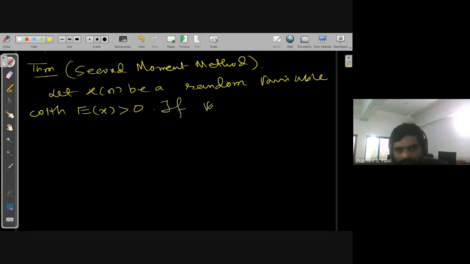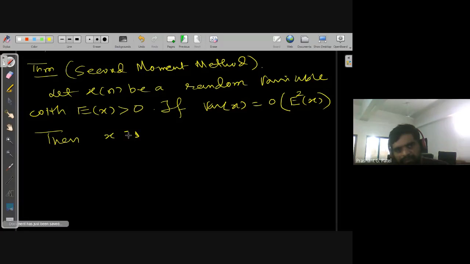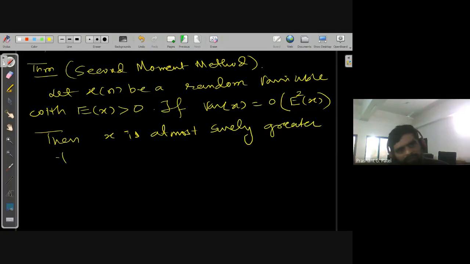If the variance of X is equal to small o of expectation square of X, then X is almost surely greater than 0.